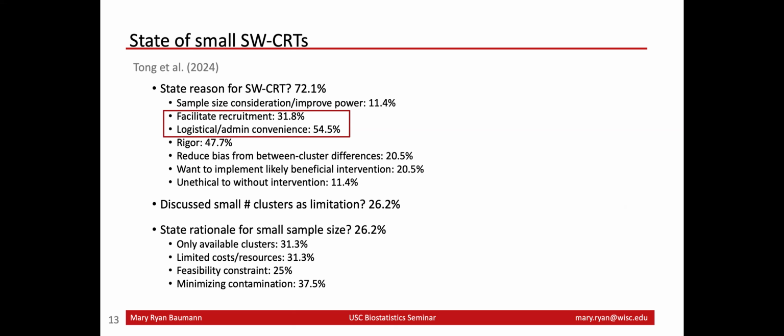One of the ones I also like to point out was the relatively high percentage of trials that justified step wedge trials by saying that they wanted to improve the rigor of what they were doing.